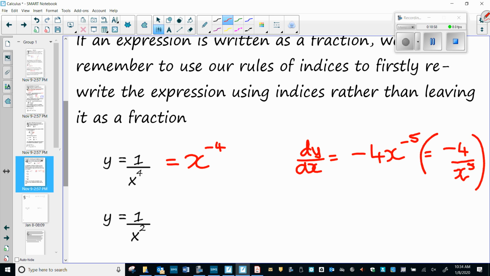Okay, I'm going to put that in brackets to remind you that that's not usually essential to do, but just in case. Okay, so the x is to the power of -5, so that's the thing that goes back underneath. My -4 stays on the top. Okay, you all remember that?